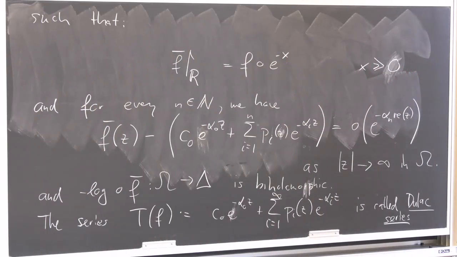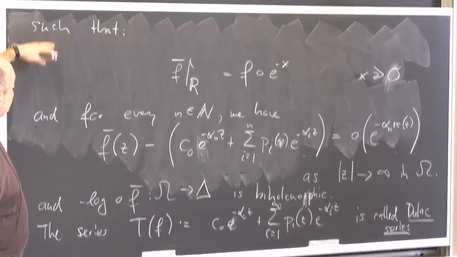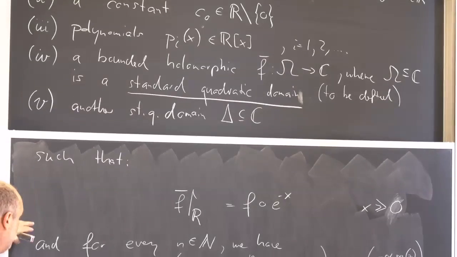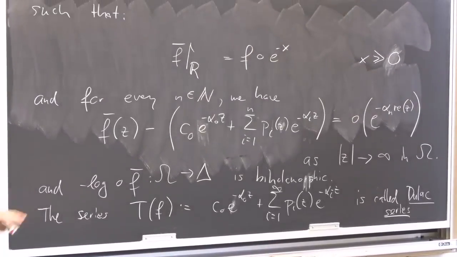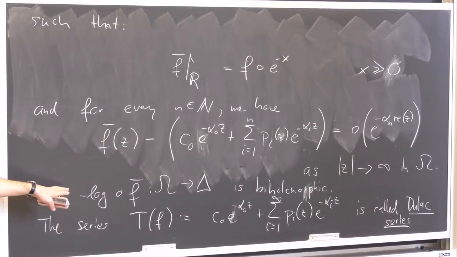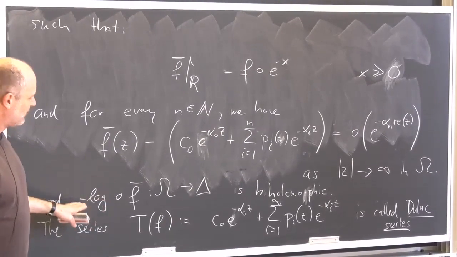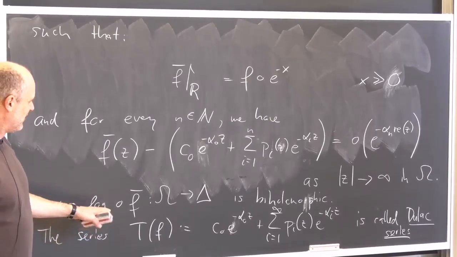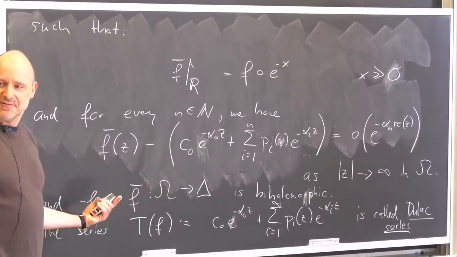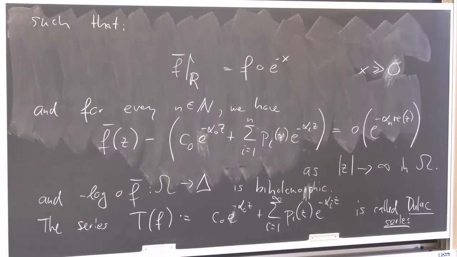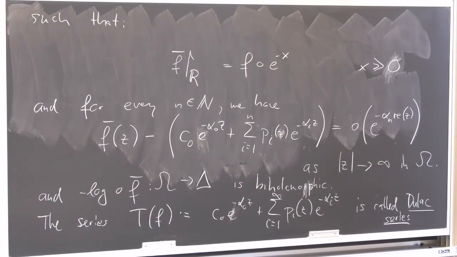But before I do that, let's look a little bit more at these germs. This last condition here, the biholomorphic condition, tells me that up to this composition with log on the left, F bar has a compositional inverse as a holomorphic map.